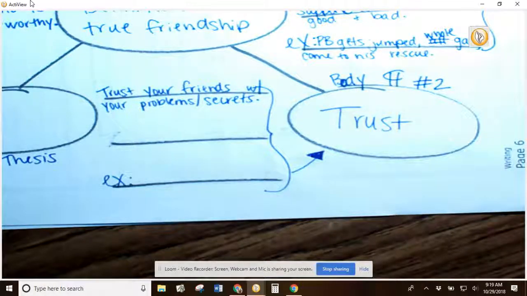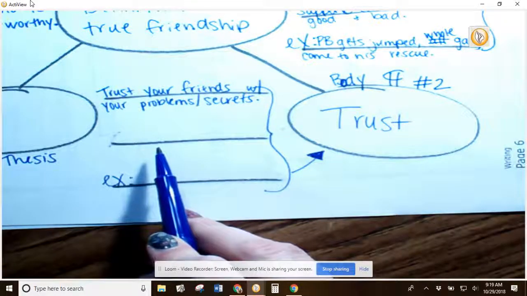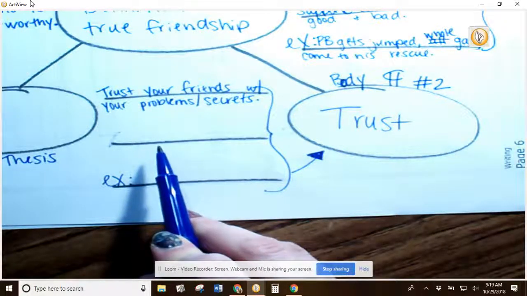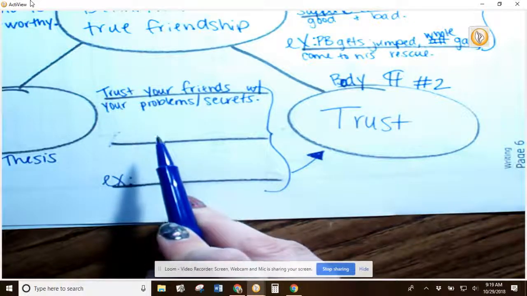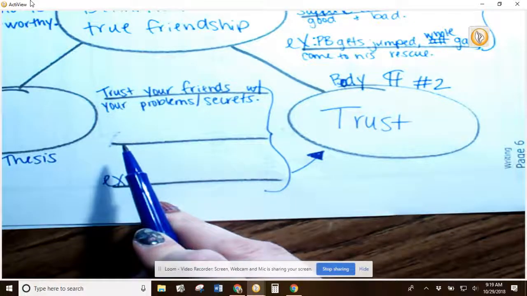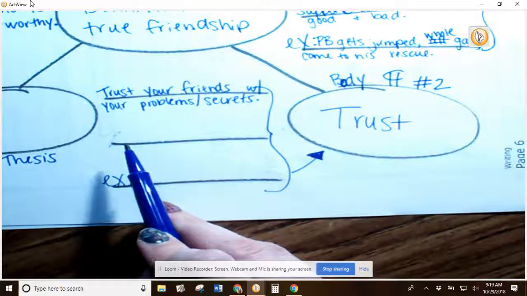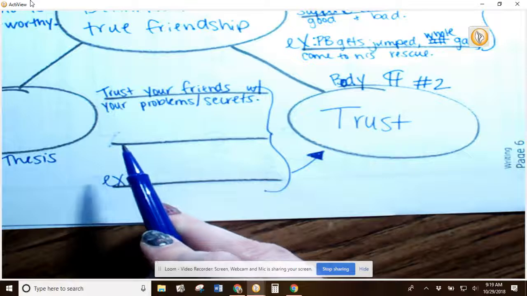We talked about also how we might tie in honesty. Honesty and trust go hand in hand. Can we tie that into our second detail here? What do you expect from your friends, or what do you think a friend should be when it comes to honesty, dealing with the idea of trust? Should you trust your friends to always be honest with you, to always give their honest opinion?